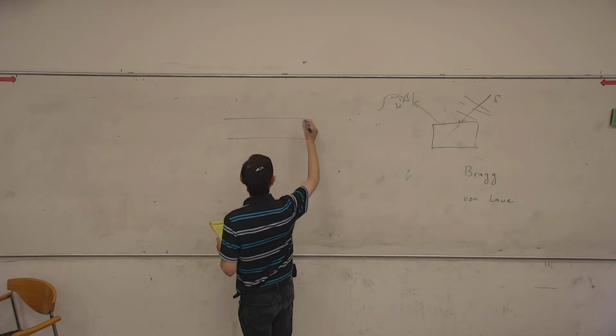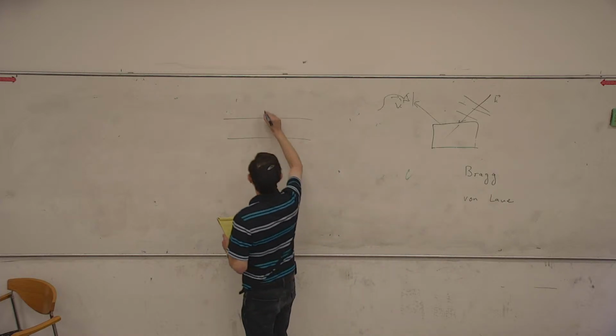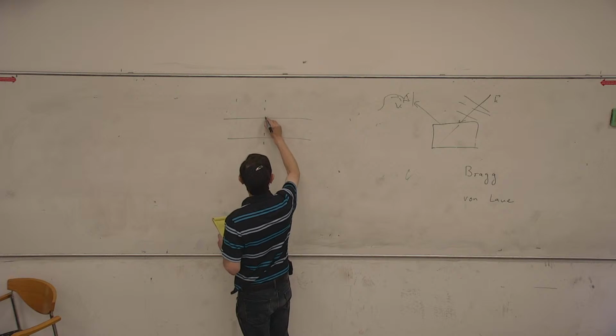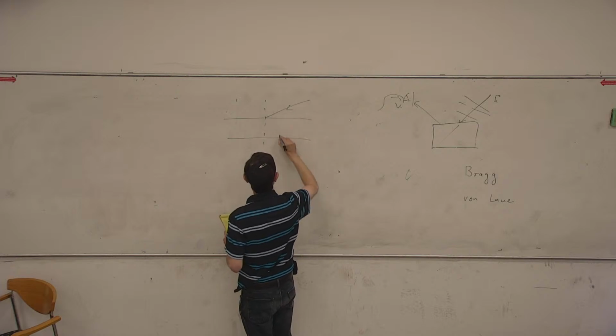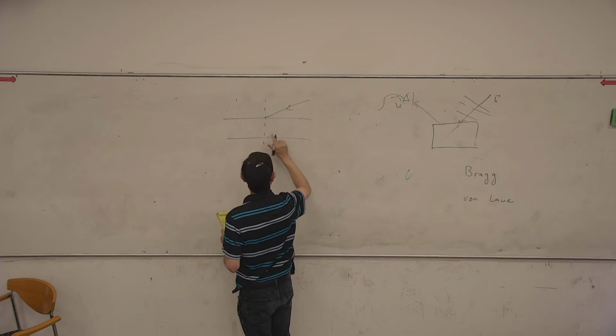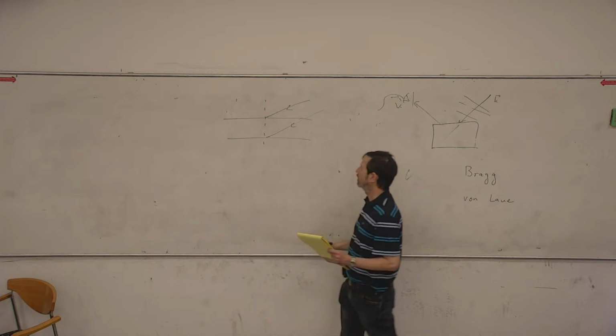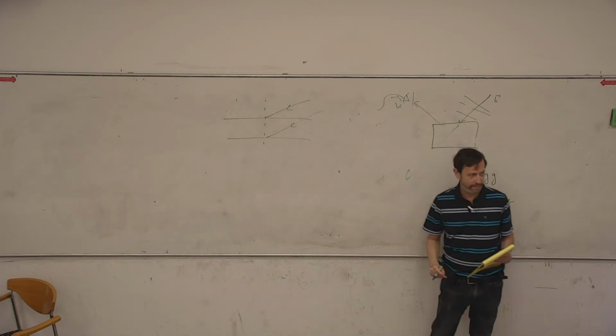I have a plane wave coming in K. It's supposed to be parallel.